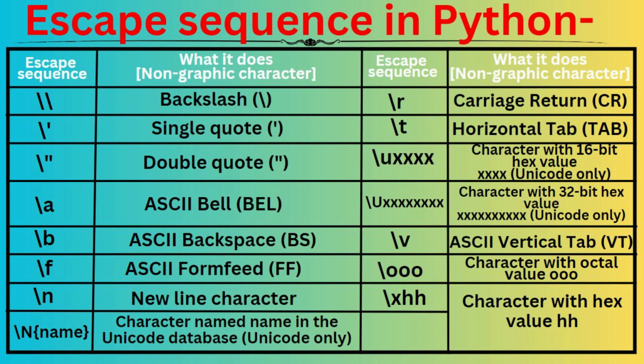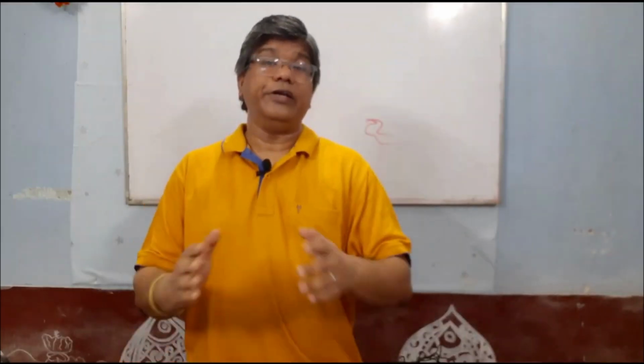The symbols are the backslash, single quote, double quote, ASCII bell, ASCII backspace, ASCII form feed, new line character, character named in the Unicode database, \r indicates the carriage return, \t indicates the horizontal tab, \uxxxx indicates a character with a 16-bit hex value, and so many things are there. \v equals ASCII vertical tab or VT, \ooo is a character with octal value ooo, and \xhh indicates a character with hex value hh. Okay, today we end here.